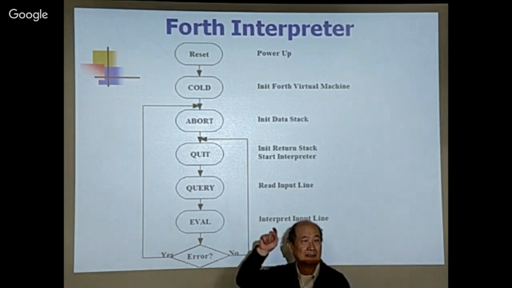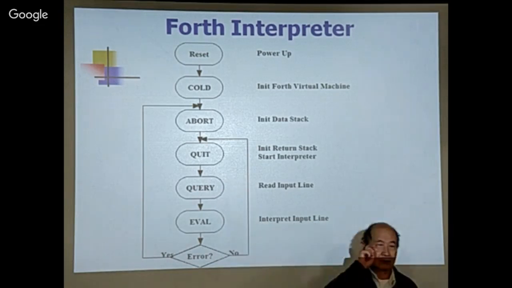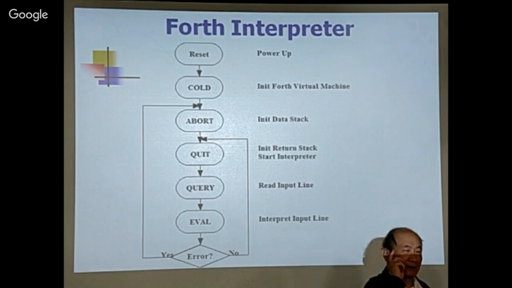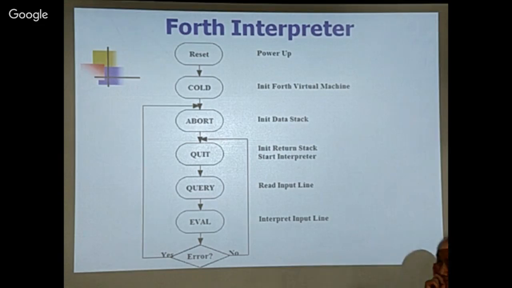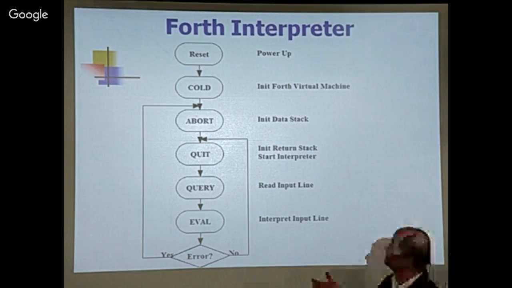When I first read Forth, it kind of bothered me that you start from the code, well, that's natural, but then you go to abort to get the Forth system alive, and then you quit, but you really start.